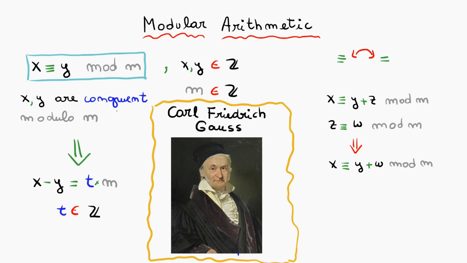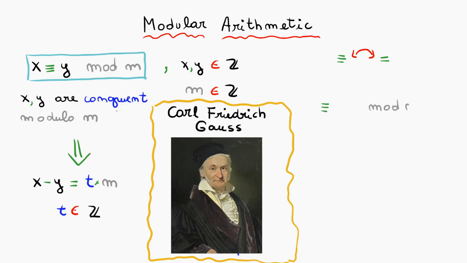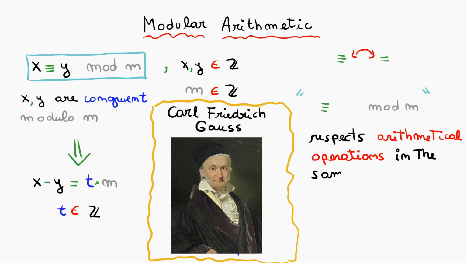The similarities between the notion of congruence and equality are complete, so we can say that the congruence modulo m sign respects the arithmetic operations of equality. We can conclude that every time we see a congruence sign, it is as if it were an equal sign.